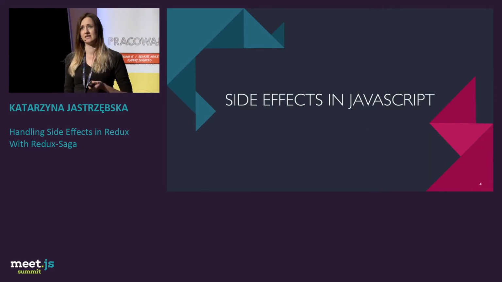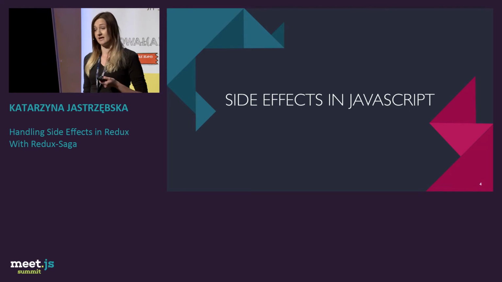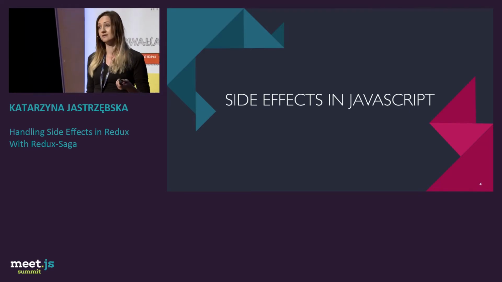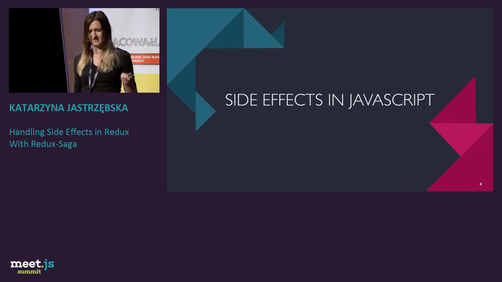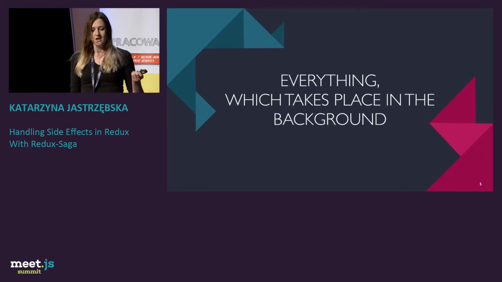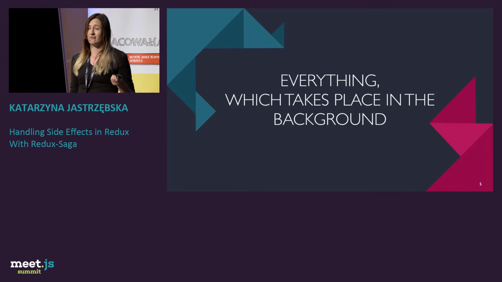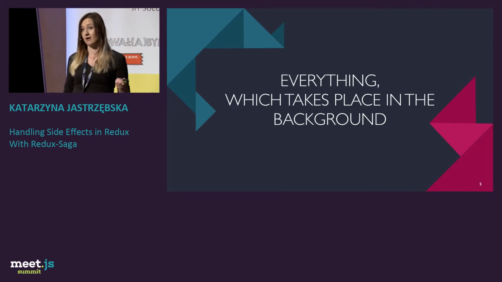So, side effects in JavaScript. Well, if I would like to describe side effects in JavaScript, because as you probably know already, JavaScript is a single-threaded language, so what the hell? Where is the asynchronicity in that? So I tried to actually describe it with 1 sentence, and what I got is everything which takes place in the background.